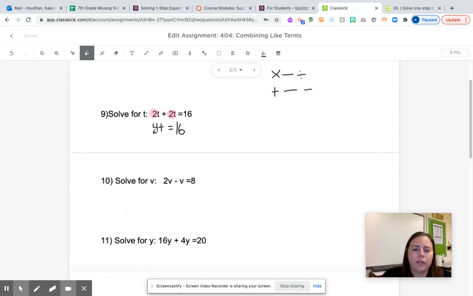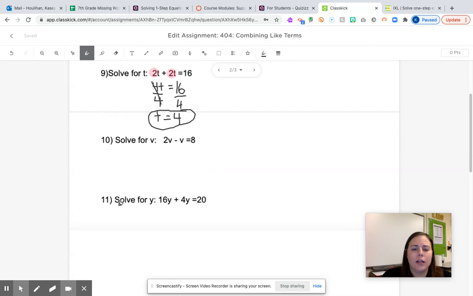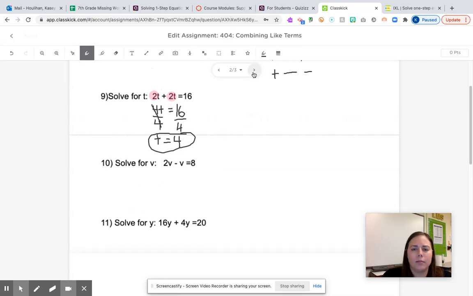So you are going to divide both sides by 4. When you do that, your 4's cancel. You're left with t is equal to, and 16 divided by 4 is 4. That's your final answer. So you are going to do 10 and 11 just like that.